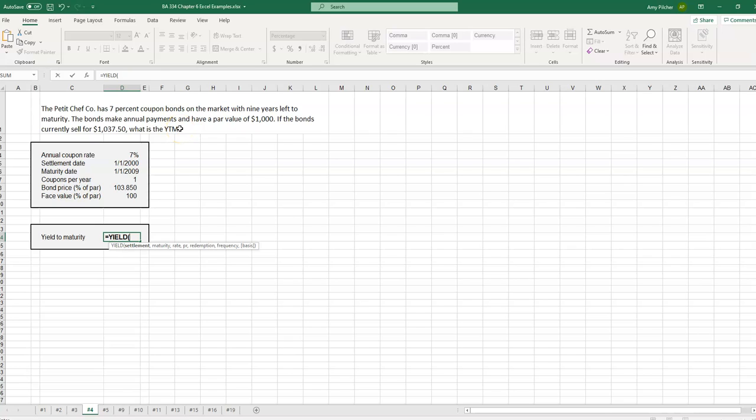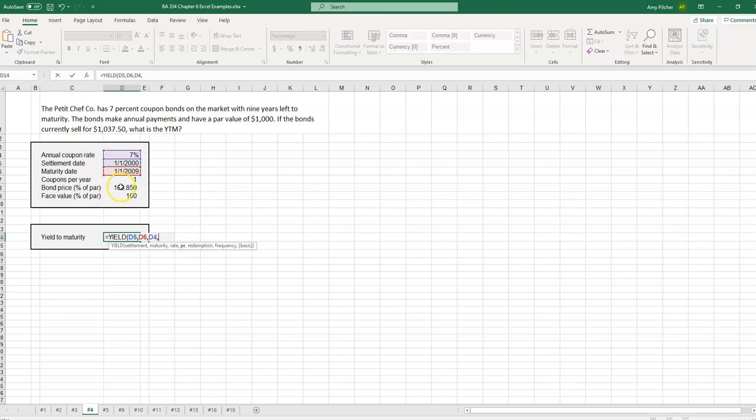So when we're calculating that, we take each of the items as they are presented. So first, the settlement date, then the maturity date. Next is our rate, or our coupon rate. The PR stands for price.